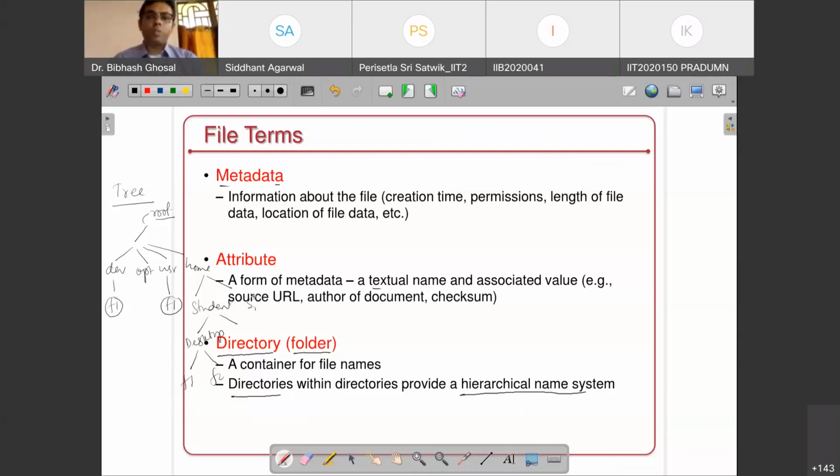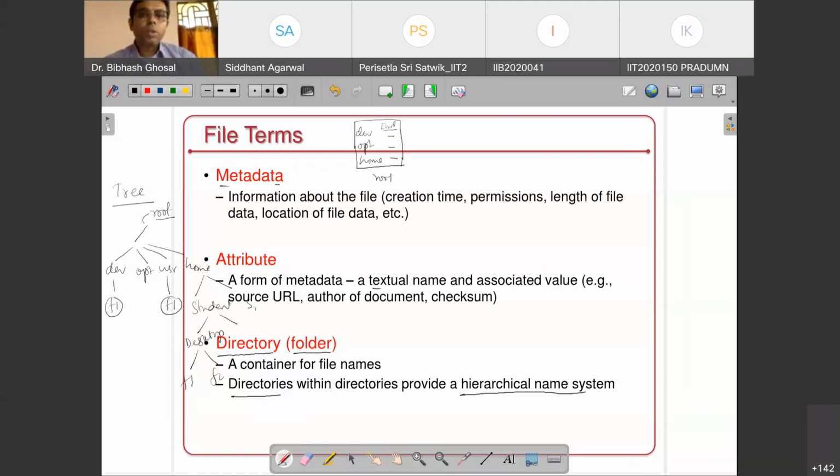Tree type is the one which starts from a root directory. What will be the content of the root directory? The root directory will contain information about its subdirectories, dev, opt, usr, home. Root will contain information about dev, opt, home, their inode numbers, some number here.